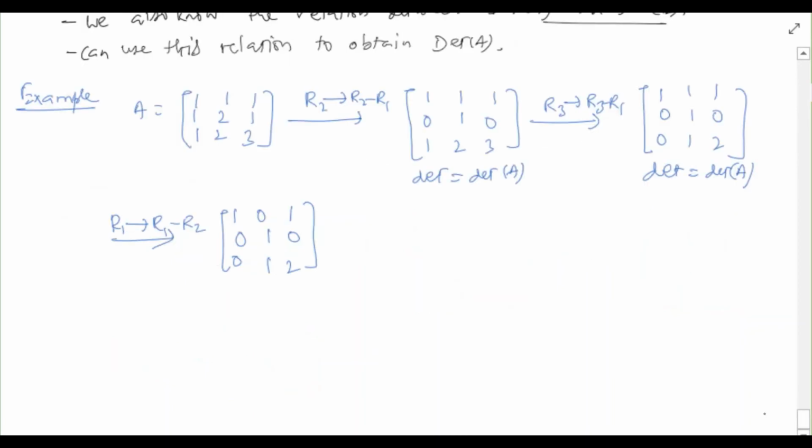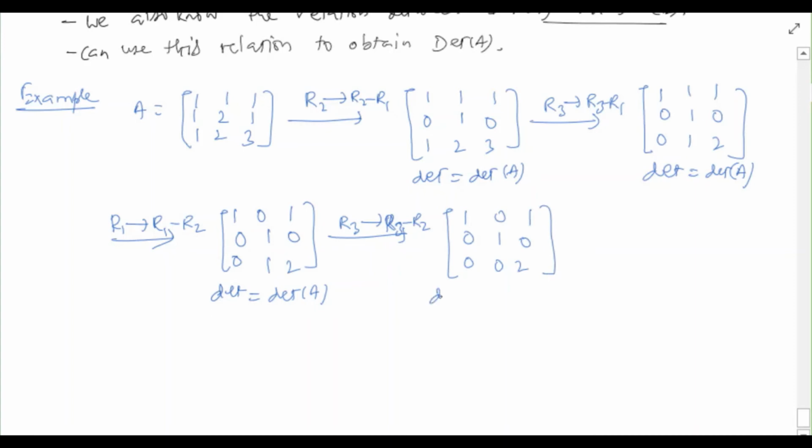Again, this operation doesn't alter the determinant, so determinant remains same as determinant of A. Next we do R3 to R3 minus R2 to get 1, 0, 1, 0, 1, 0, 0, 0, 2.